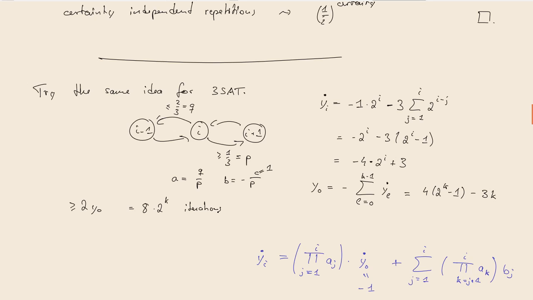Which is quite a number, right? In deterministic time 2 to the k, we can just guess all assignments and check the formula with an additional factor of n. So this is actually worse than the brute force method. Okay, it's not so great.